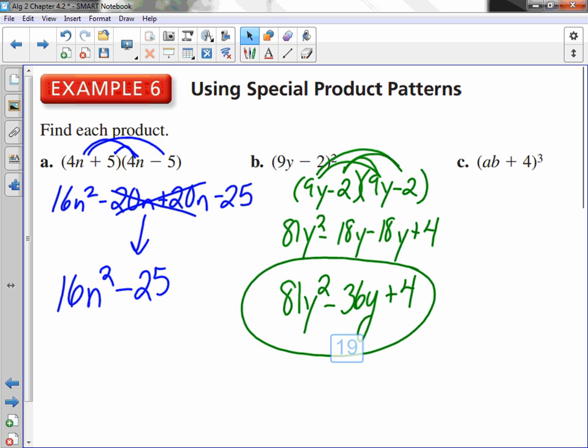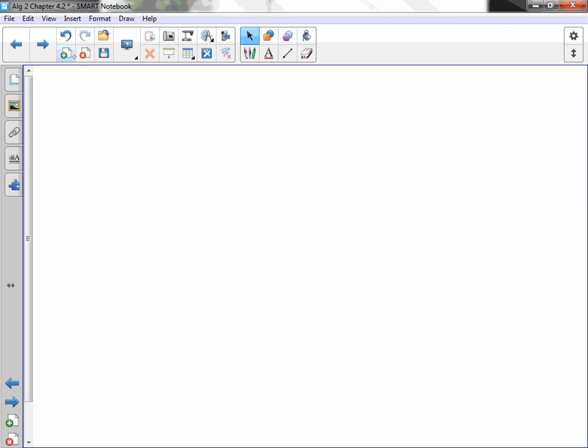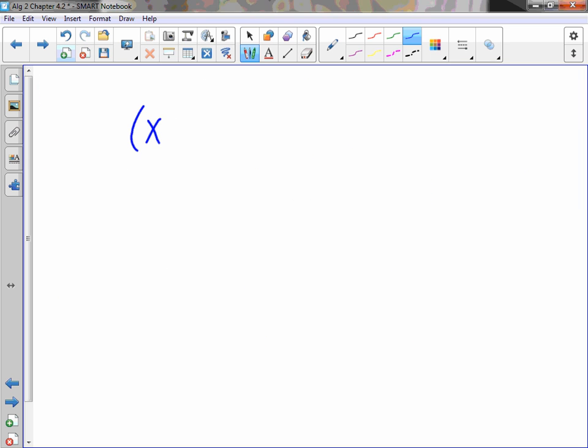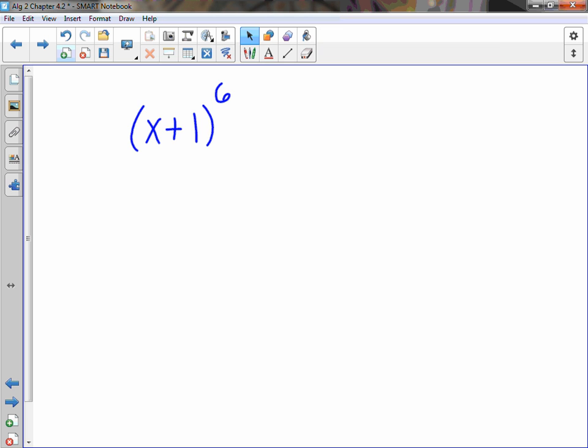Okay, I want a new slide. This is going to be easier to do with x plus 1 to the 6th power. That means x plus 1 would be multiplied by itself how many times? 6 times, yes? Now, for those watching the video, I showed this first.